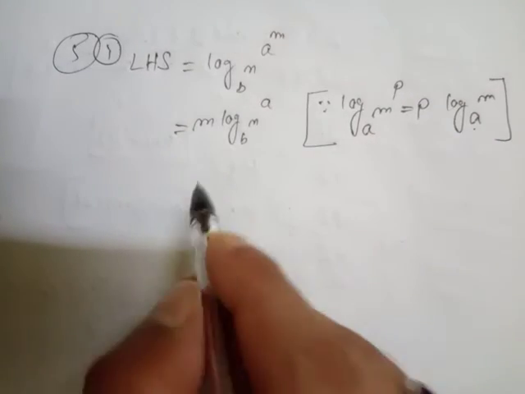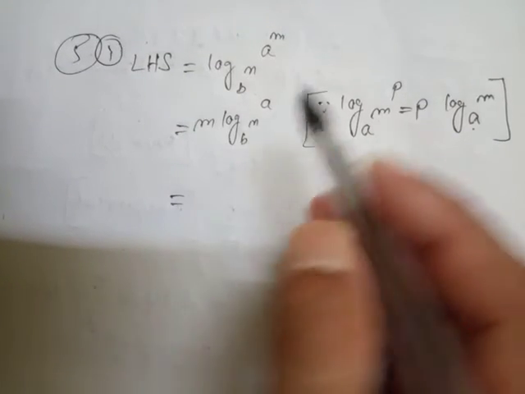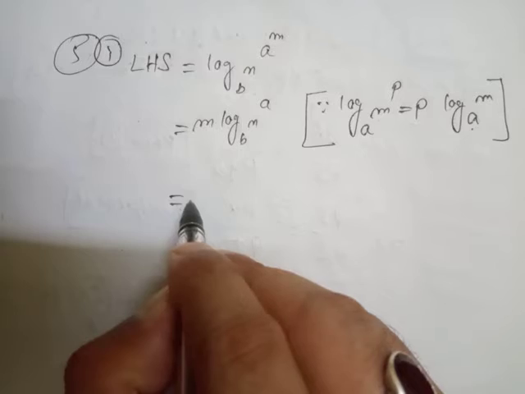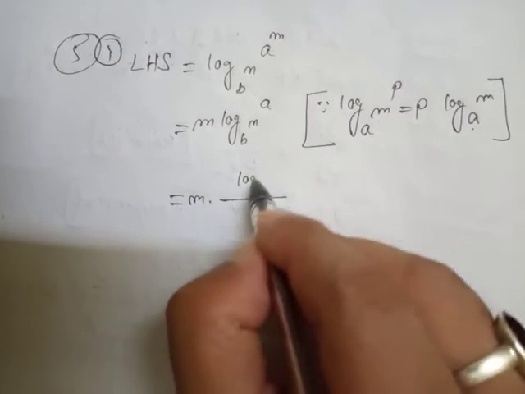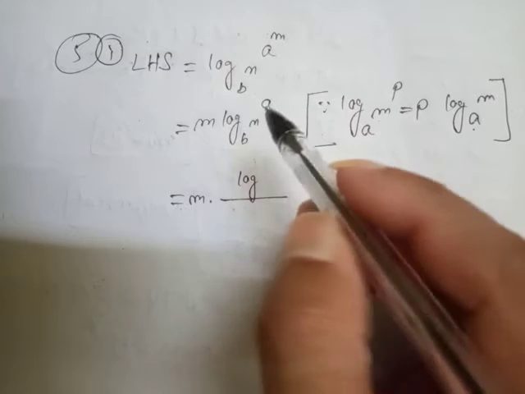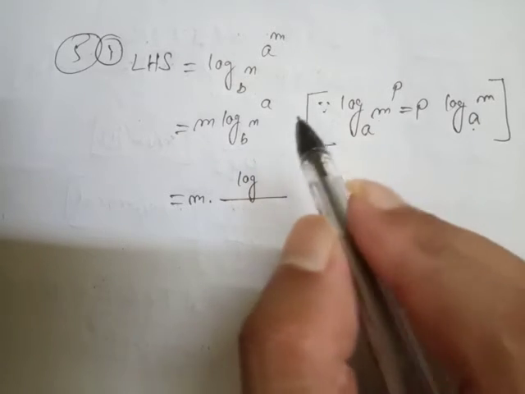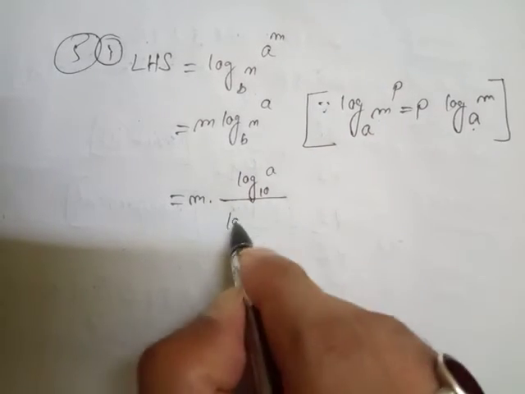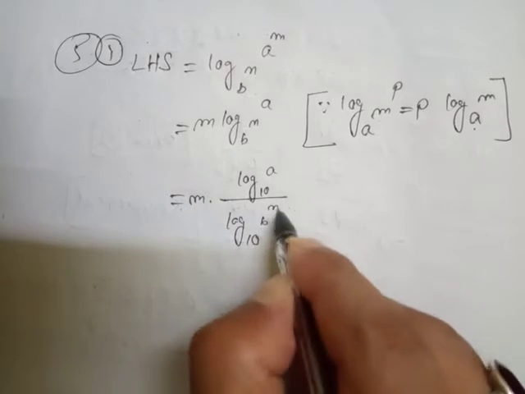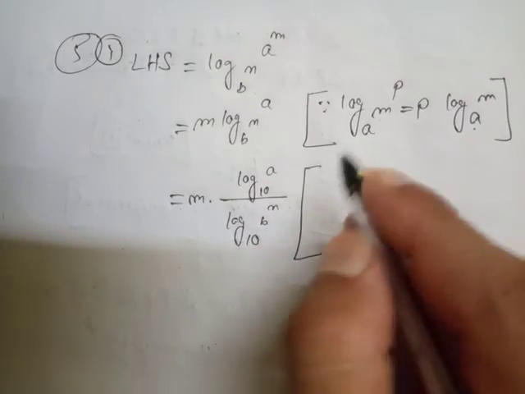Now here we'll go for the m. Again we can use the formula, log base 10 of a and log base 10 of b to the power n. Why? Here is the reason.